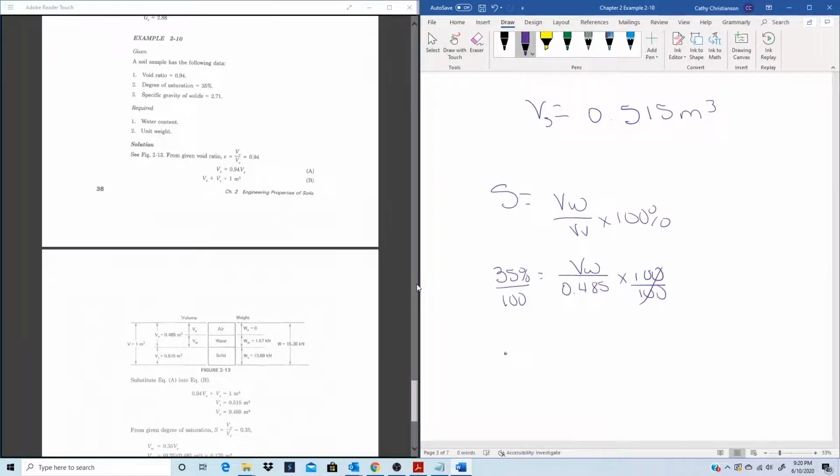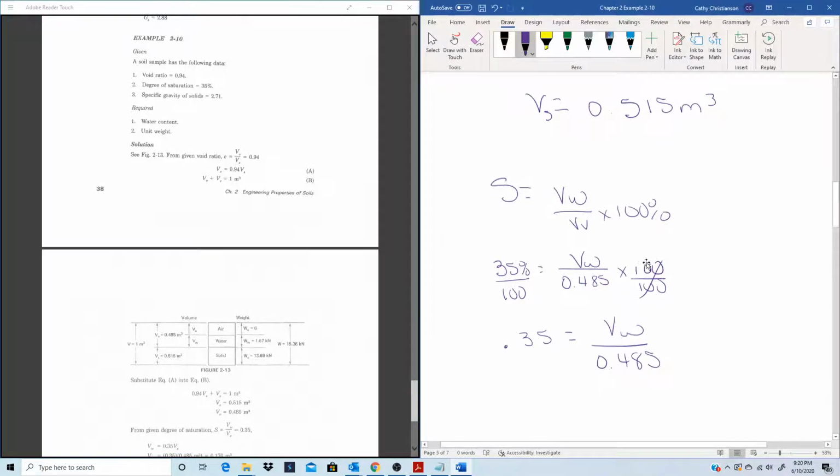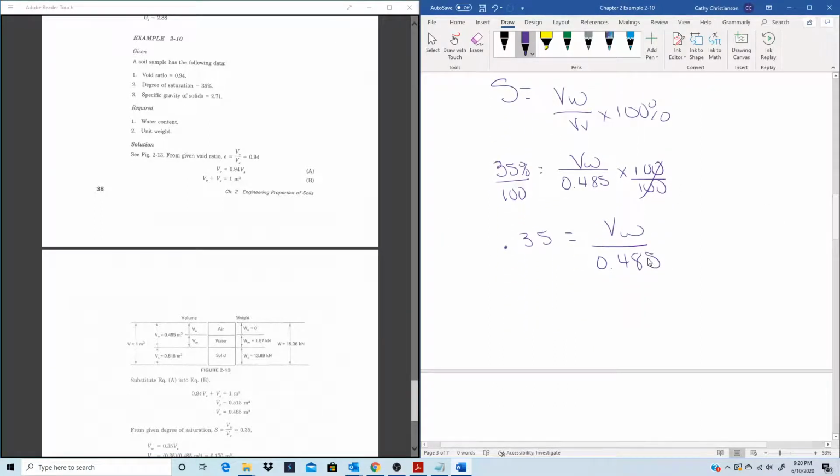That'll give me 0.35 equals VW over 0.485. Multiply that, and I'm left with VW.